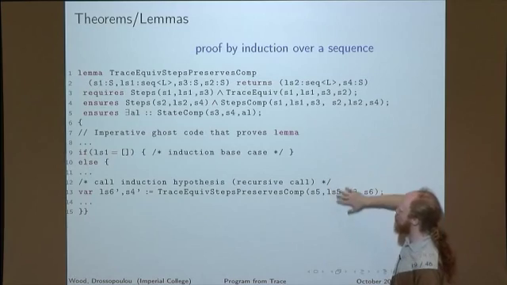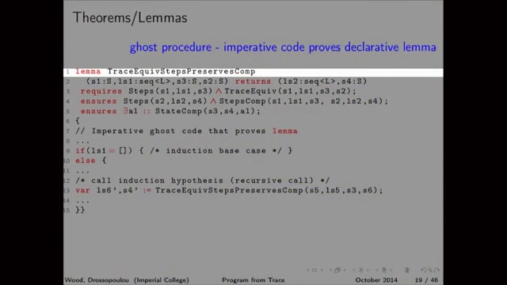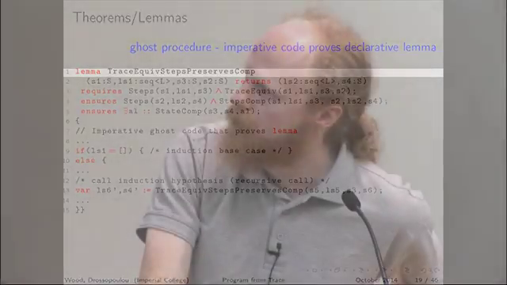Here we're going to try and do a proof by induction, which means doing this recursive call back to the lemma. So it's this ghost imperative code, but we're going to use it to prove this declarative theorem.